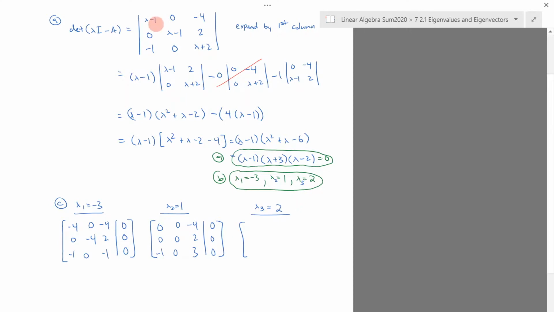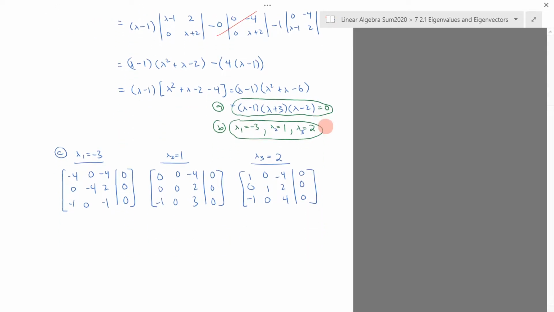So 2 minus 1 is 1. And 2 plus 2 is 4. And the other entries stay the same. Okay, so now I have to do the row reduced echelon form.